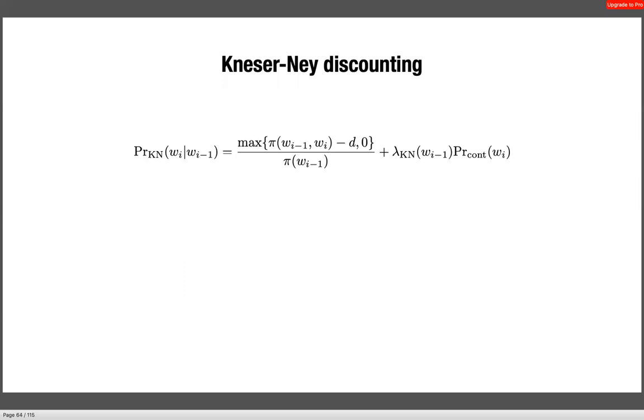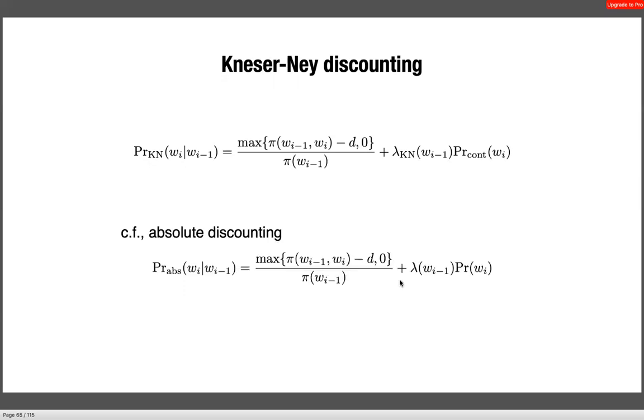This is our absolute discounting technique, and here is the Kneser-Ney technique. I'm just trying to show you the main differences between the absolute discounting smoothing technique and the Kneser-Ney smoothing technique.